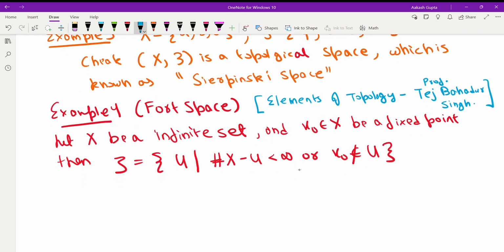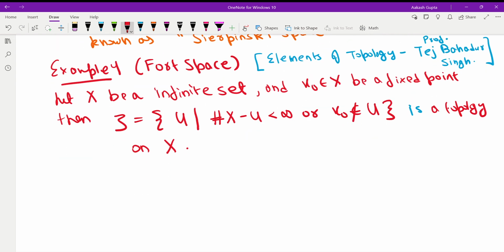Okay, so what is my claim? This is a topology on X. So let me do a little bit about this, let me just verify one property.